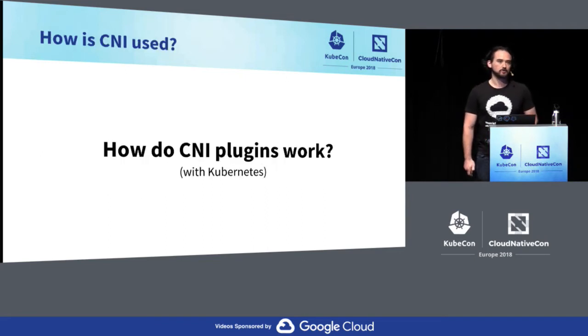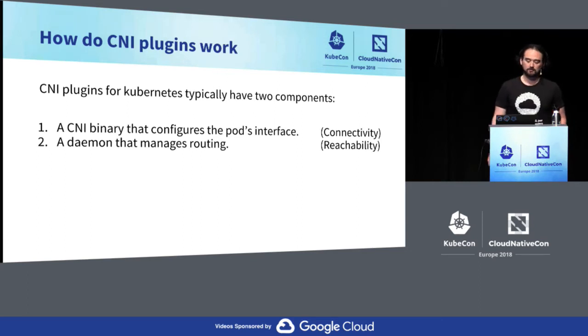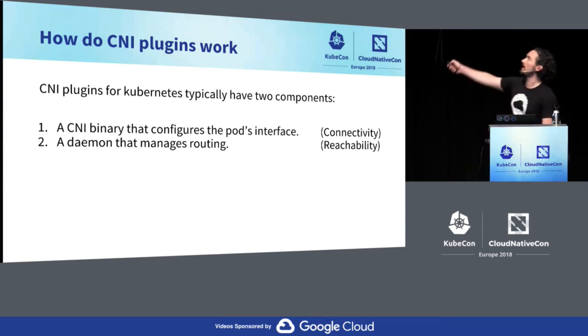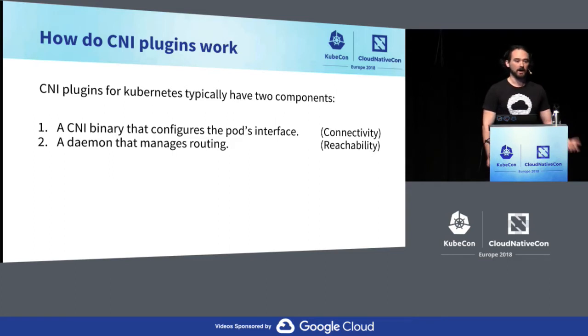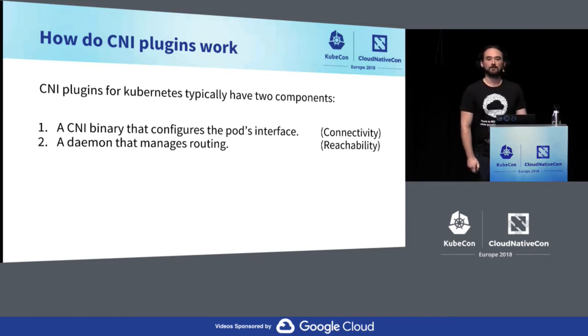So how do CNI plugins work with Kubernetes? Let's talk a little bit more in detail. Like I said, CNI plugins need to do two things. They often have two separate components. They typically have a CNI binary, the CNI spec binary executed by the kubelet that configures the pod's interface. This is for technical reasons, for lifecycle reasons.